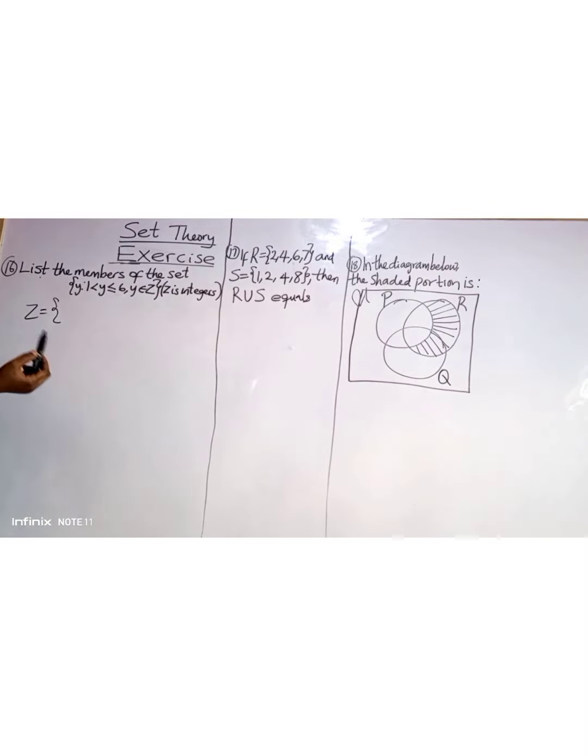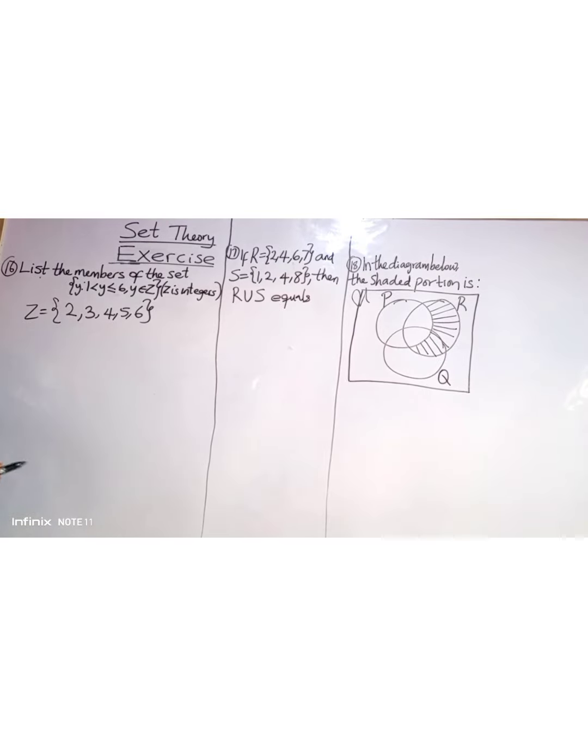That means 1 will not be included. So 2, 3, then y is also less than or equal to 6. That means 6 will be included, and we are stopping at 6. 2, 3, 4, 5, and 6. So 1 less than means that 1 will not be included. Less than or equal to 6 means that 6 will be included.